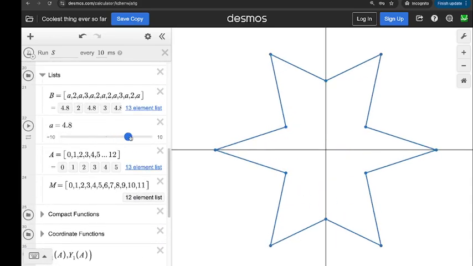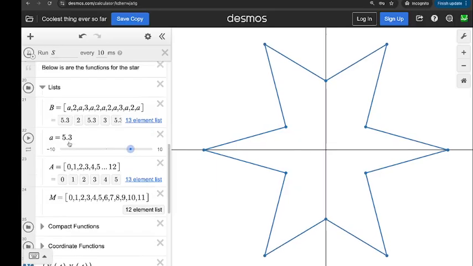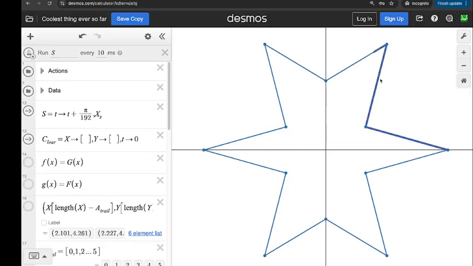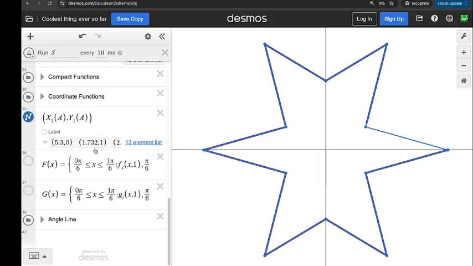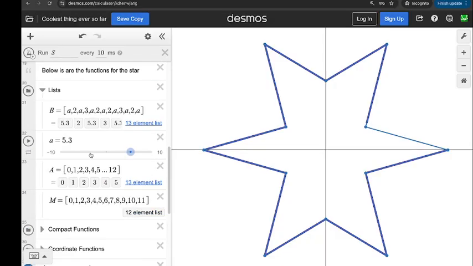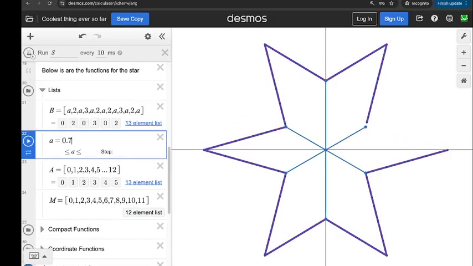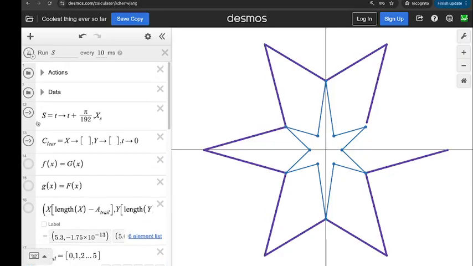So say even if we do it like this, it can still just draw the shape. As you can see, it's tracing it out. Purely accidental. That was just the way I did things, so that was quite nice. But I set a to be 0.7 because that's what looked the nicest.